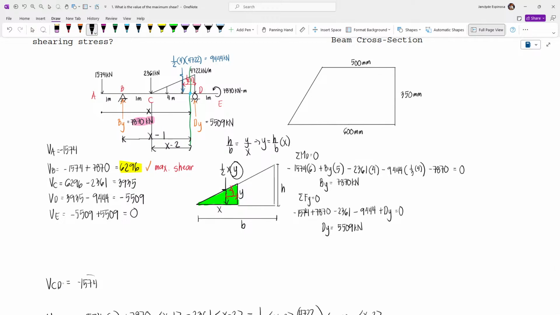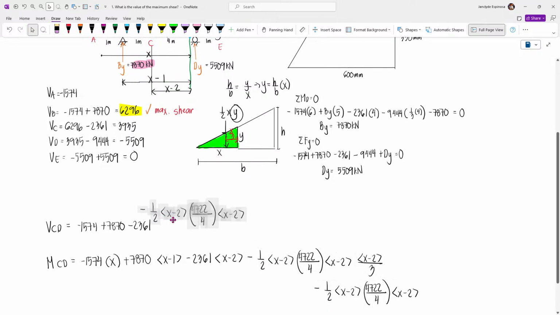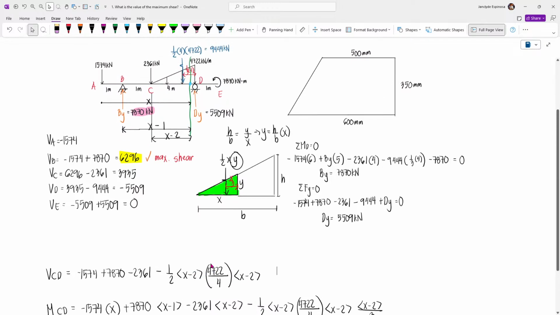So, minus 1574 plus 7870. And then, minus 2361. And then, copy na lang na to ang katong vertical load na to for the triangle. We have minus 1/2 times x minus 2 times kaning nabilin.